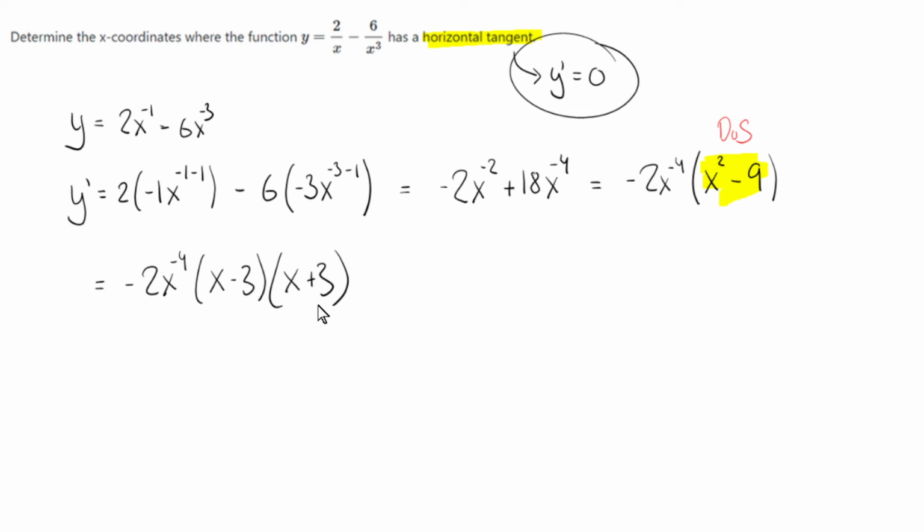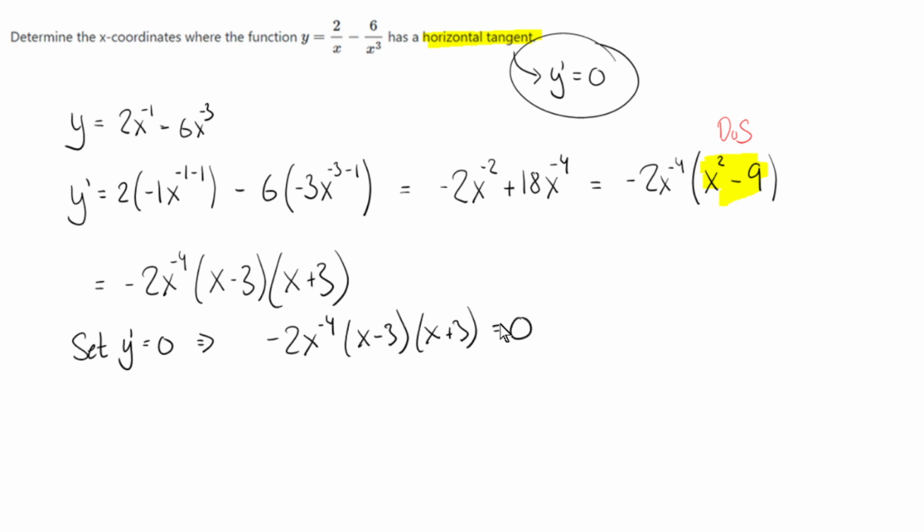So at this point, the next step is going to be to set the derivative equal to 0. So we have negative 2x to the power of negative 4 times x minus 3 times x plus 3, which equals 0.